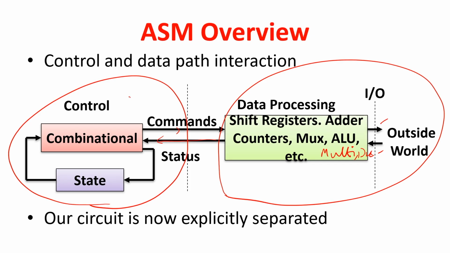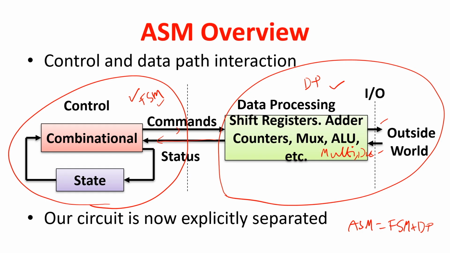Our circuit is now explicitly separated: the data path is separated and the control path is separated. The left side is purely the control path, which is the FSM, and this is the data path. Whenever you say ASM, it is equal to FSM plus data path.